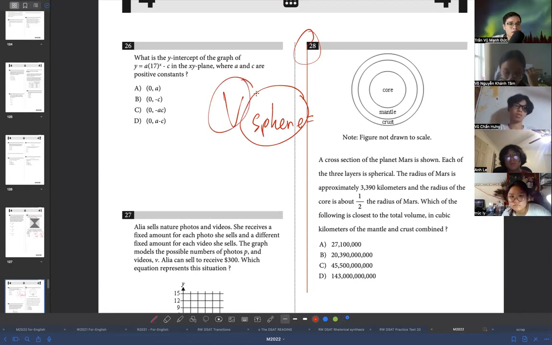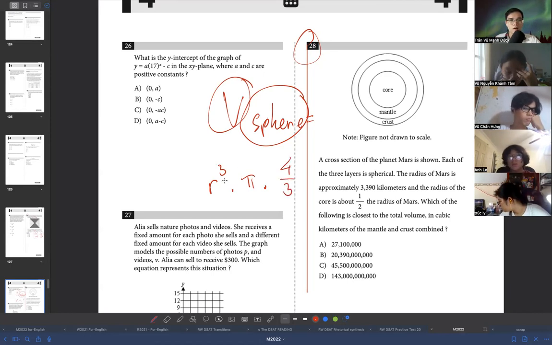When you calculate the volume, you're going to have R cubed times what? R cubed times pi, times what else? 4/3. Yes, exactly. R cubed pi times 4/3.